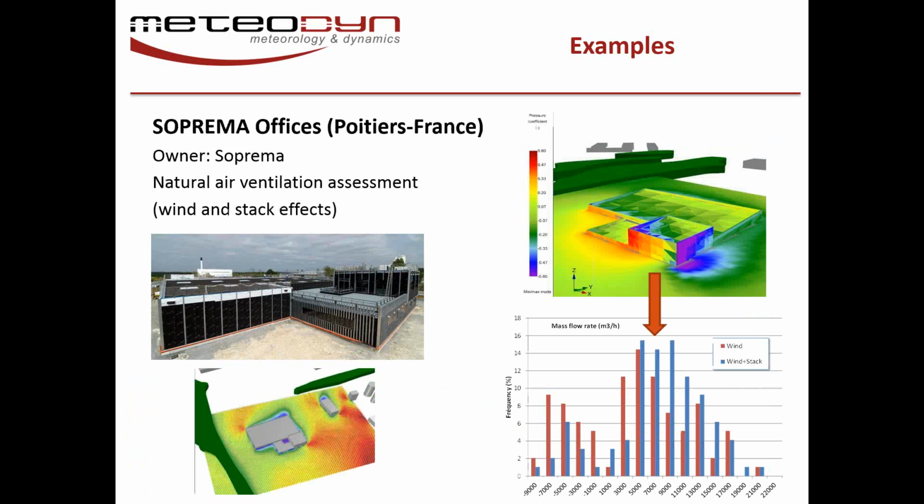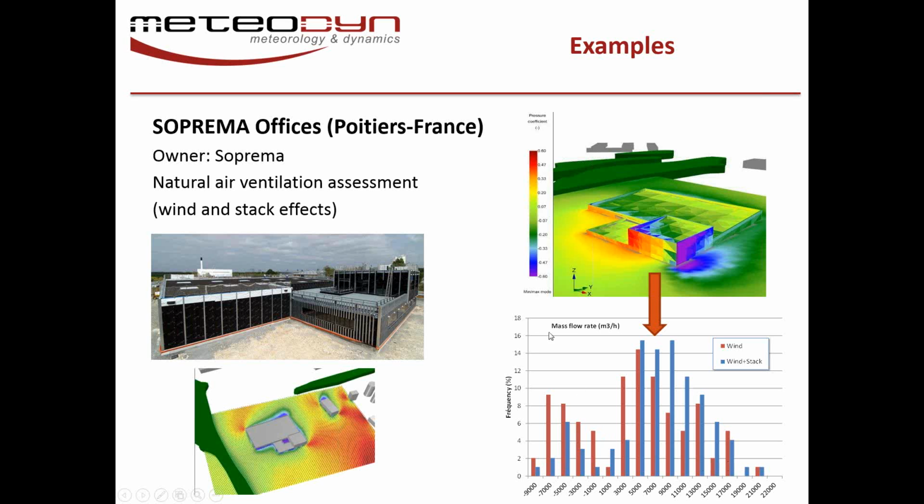The last example was in France. Here it was an office near Poitiers, and they wanted to take advantage of natural ventilation, not only from the wind, but also the Stokes effect. So first you define your project and compute the pressure coefficient on it. You get natural ventilation from wind, which is in this graph here.